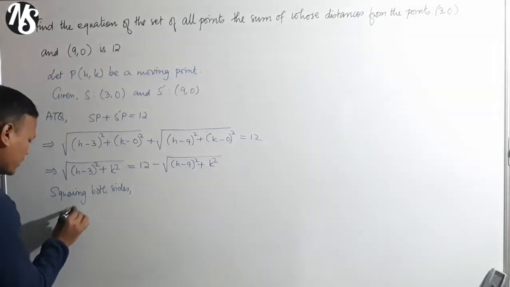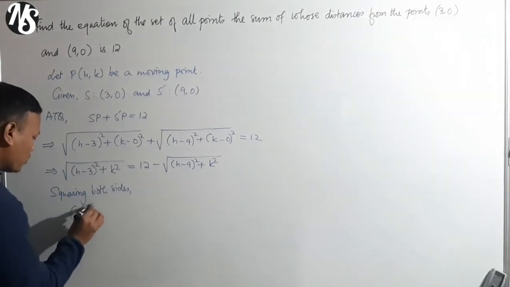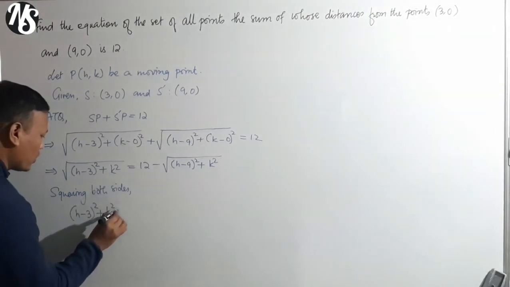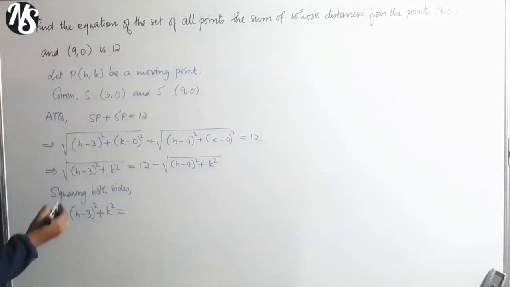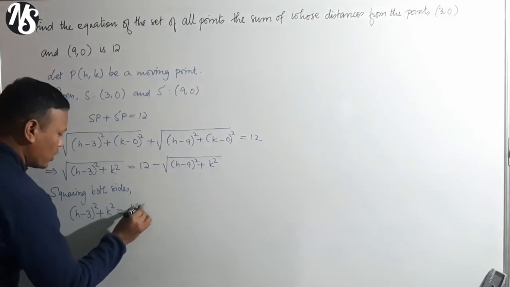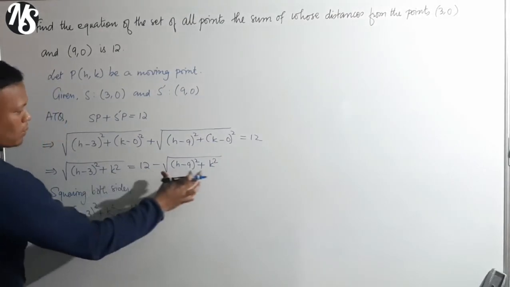So ultimately you will get (h minus 3) whole square plus k square. On the right, this is (a minus b) whole square, and (a minus b) whole square can be written as a square, so this is my a, plus b square.